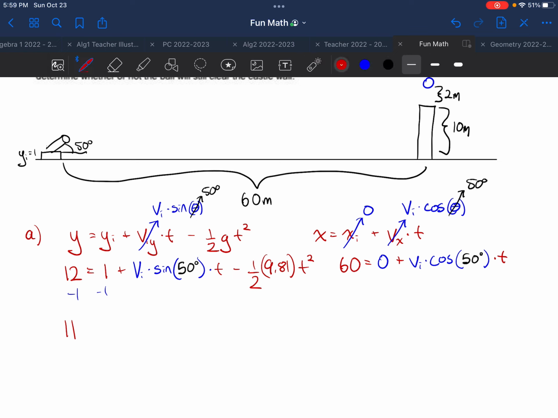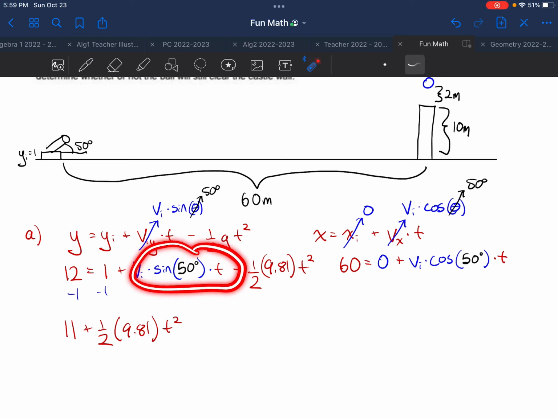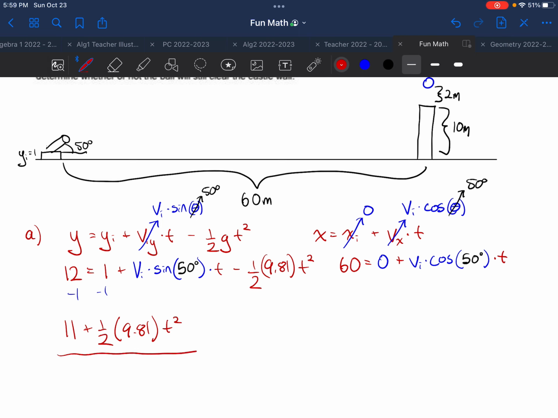So I'm going to say 11 plus half of 9.81 t squared. What's left over is all of this term, and we want to solve for VI, the initial velocity. So let's divide by sine of 50 and divide by t. So that's all divided by sine of 50 and t.